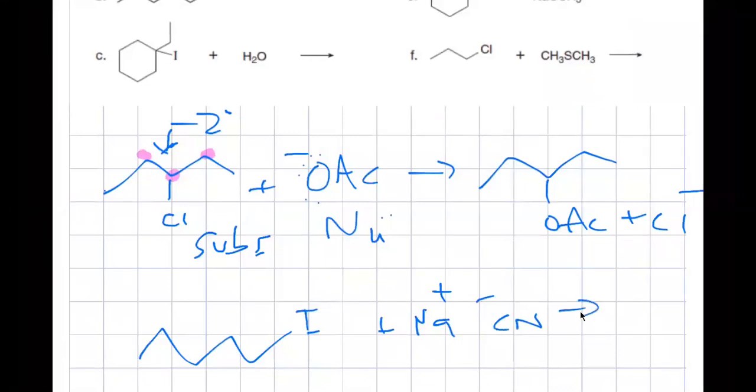What's the product going to be? All of these are substitutions, by the way. The CN would be where the I is.